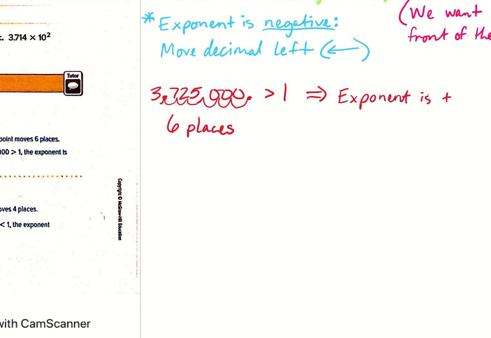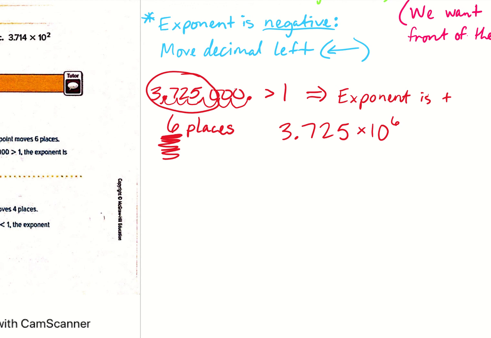So we have 3.725 times 10 to the 6th power, and the reason it's the 6th power is because we moved the decimal 6 places.